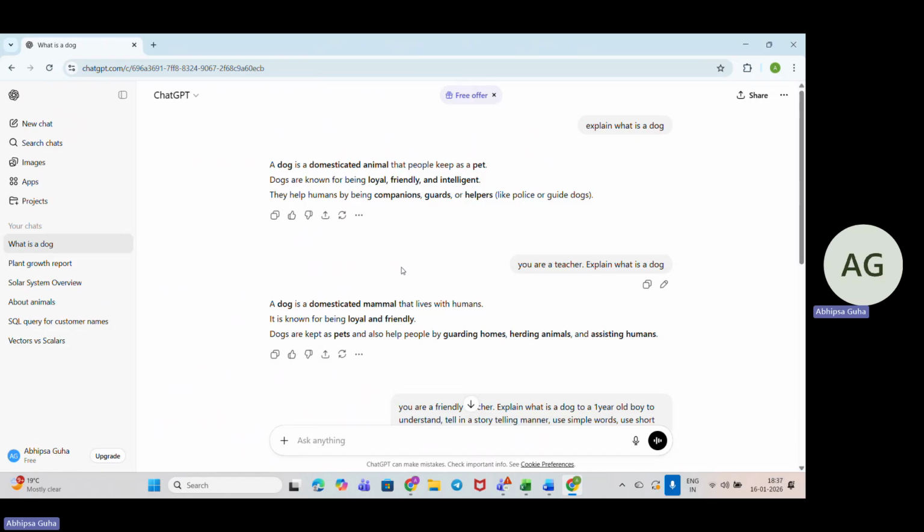Monday it was 15, Tuesday it was 18, Wednesday it was 20, Thursday it was 22, Friday suppose it was 25. Explain the trend, compare the days, and suggest why sales increase. Explain to a 10-year-old boy using simple words and bullet points. If this is the prompt I am giving, how would my analysis be? So let me just take it down here.